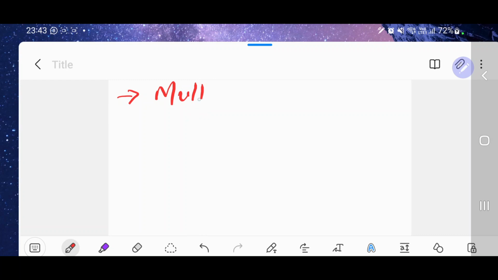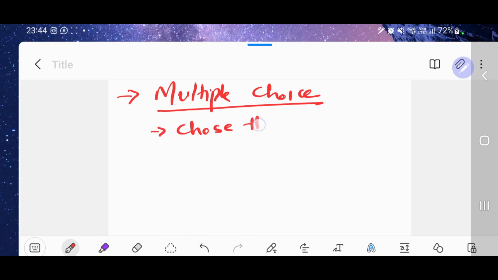Whether you are doing part B or C, the concept is to choose the best one out, right? Whatever you believe is the right answer, you have to select that. It's something we can call the rule of elimination.